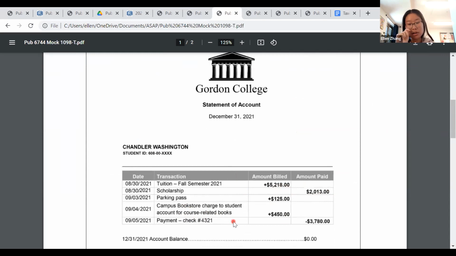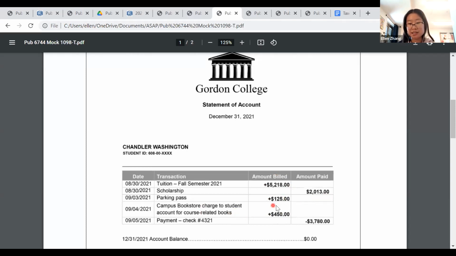Again, remember that qualified educational expenses don't just cover tuition and fees, but they also cover required materials for classes. So Chandler could also add $450 towards his qualified educational expenses. So his total qualified educational expenses would be his tuition, around $5,000, minus the $2,000 of scholarships he has, plus the $450 of required books.